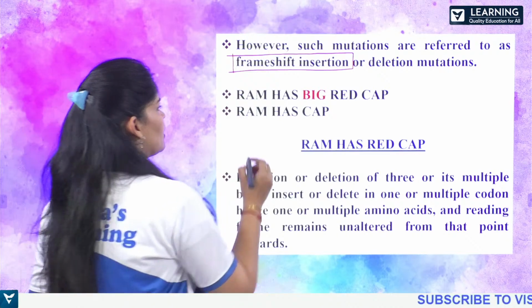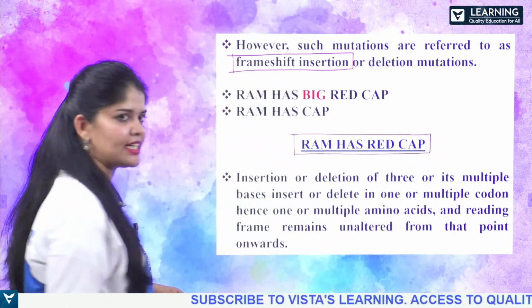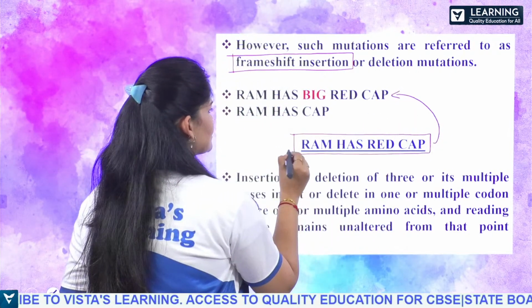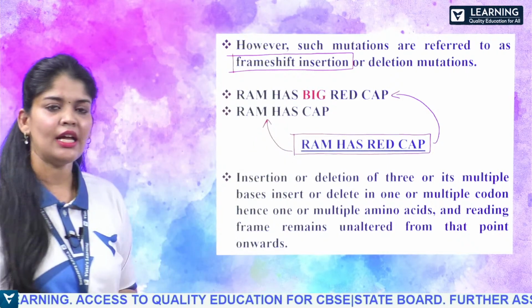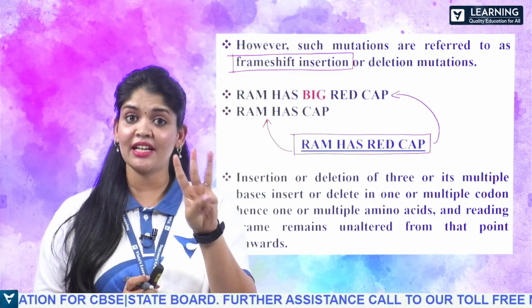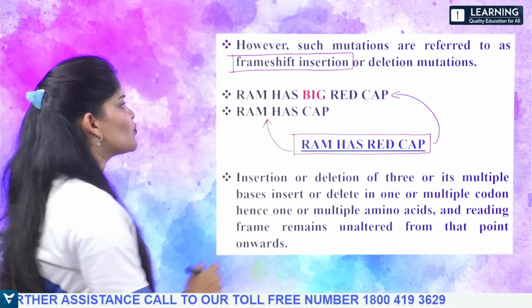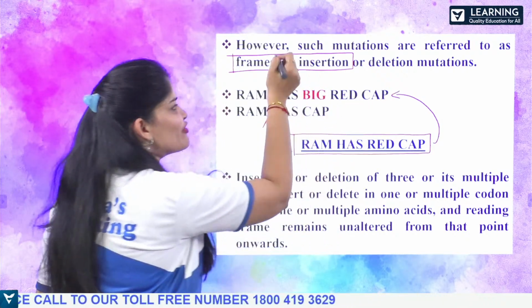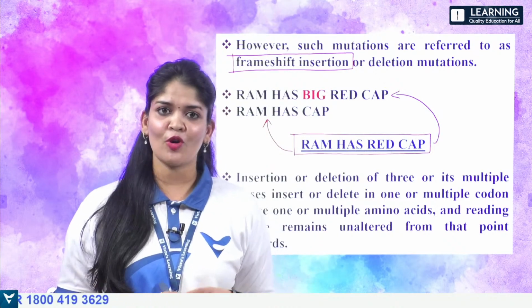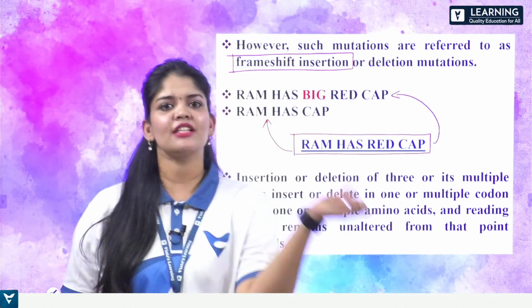Now you can see, comparing the original statement with the insertion as well as the deletion, if a triplet, a complete codon, that is a word containing 3 letters, is completely inserted or deleted, then we don't find any frame shift insertions or frame shift deletions, because the entire codon has been inserted or deleted.